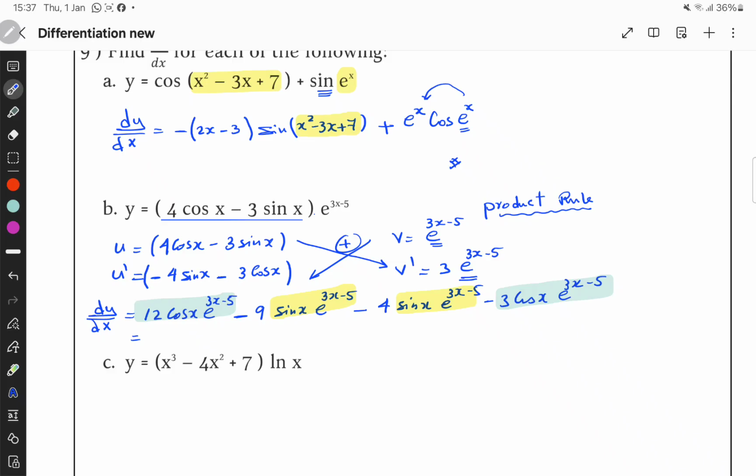So we collect the coefficients: 12 minus 3 will be 9 cosine x times e to the power 3x minus 5. Negative 9 minus 4 will be negative 13 sine x times e to the power 3x minus 5.